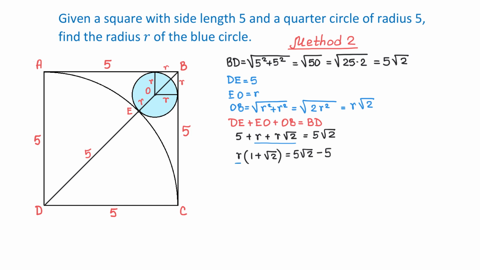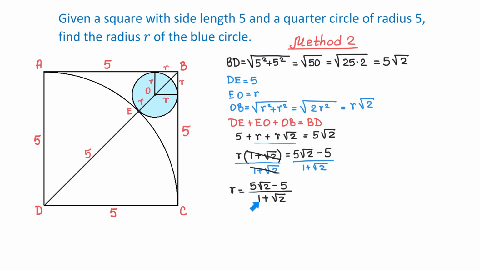To get R alone, we will divide one side by 1 plus square root of 2 and the other side by 1 plus square root of 2. Then on the left side, 1 plus square root of 2 cancels. Then R equals 5 square root of 2 minus 5 over 1 plus square root of 2.